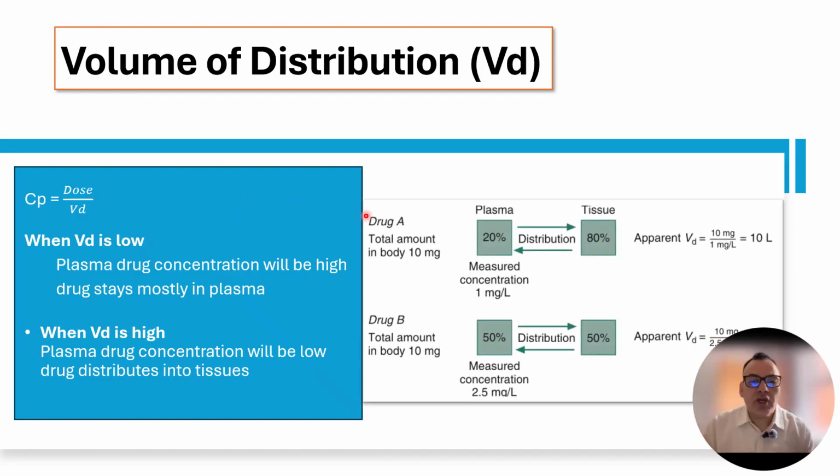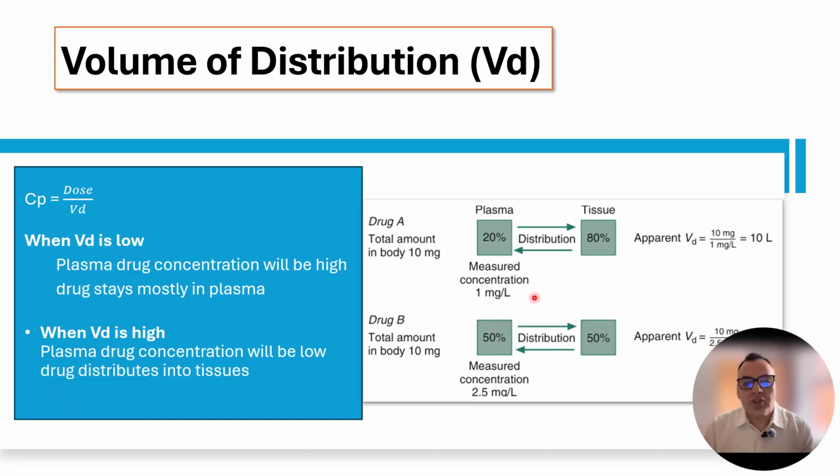If we have two drugs, drug A and drug B, and we give both the same dose, which is 10 milligram each, and both have different distribution. Drug A has 20% in plasma and 80% in the tissues.